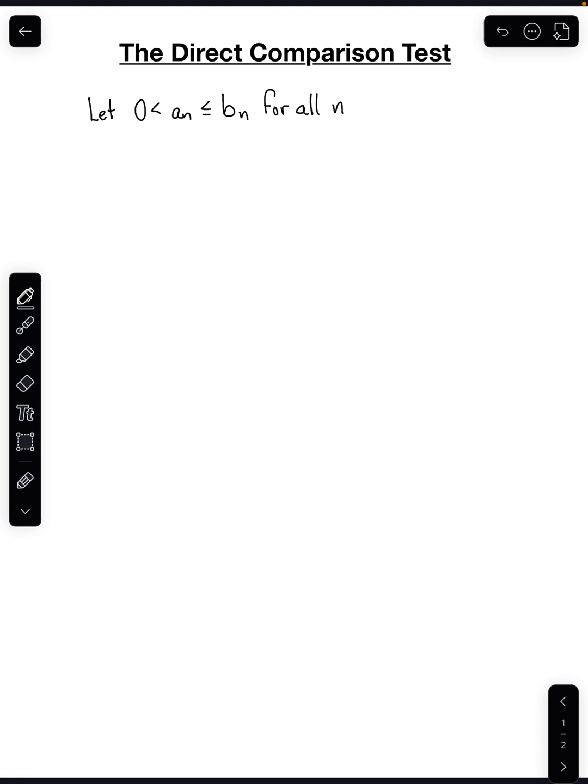So what this means is that the sum of a sub n is less than or equal to the sum of b sub n. In this case, we have two situations that can arise.